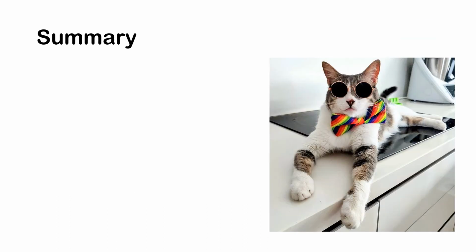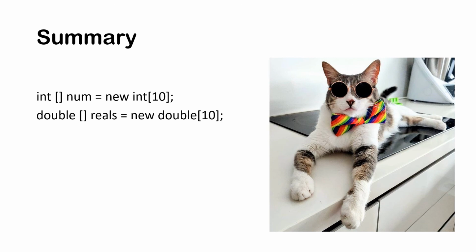So let's do a brief summary. Let's look at different array types that you could generate. You can do an integer array, int[] num = new int[10]. You could do a real number array, double[] reals = new double[10]. And you can see the pattern is always the same.